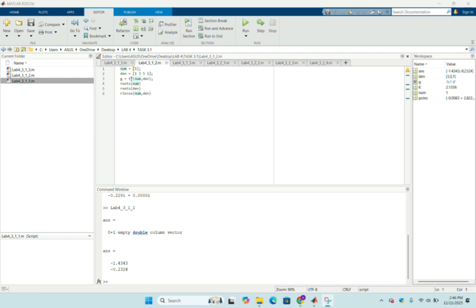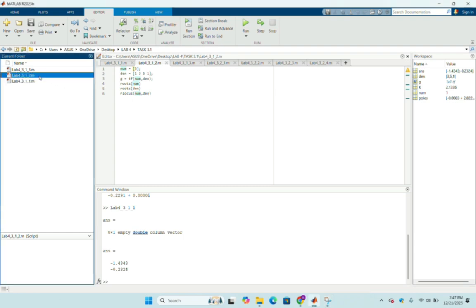G is the same as the previous question: my system G(s) equals the transfer function of the numerator and denominator, then roots of the numerator and roots of the denominator, and then rlocus.